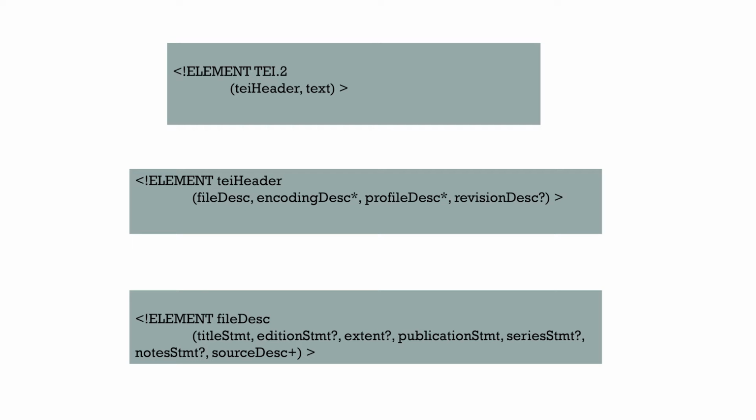And you see those symbols after some of them, the asterisk or the question mark, and those are what are called occurrence indicators. They indicate when and how many times and if an element can or must be used. And in the last box, I have the element file description being created, and the children elements you can see from title statement to source description.